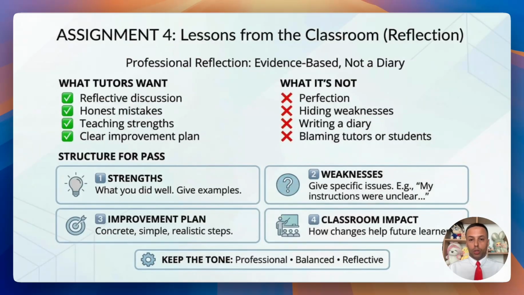What do teachers want from you? Reflective discussion. You are thinking critically about what happened in your real lessons, your honest mistakes. They want you to acknowledge what didn't work.